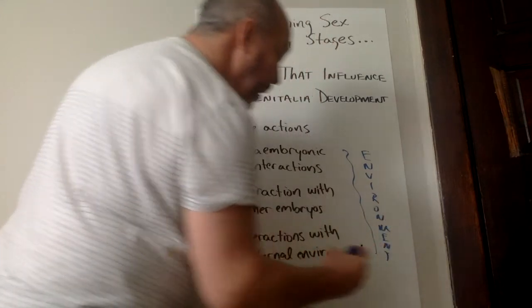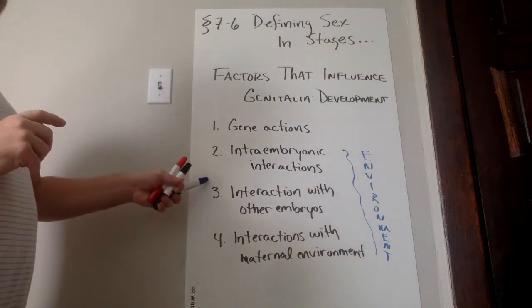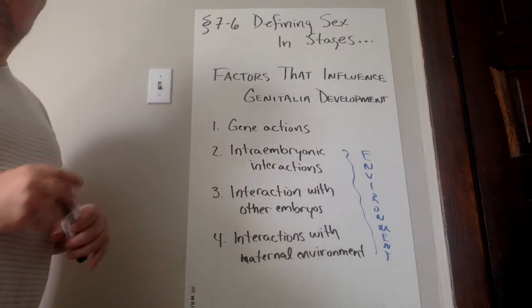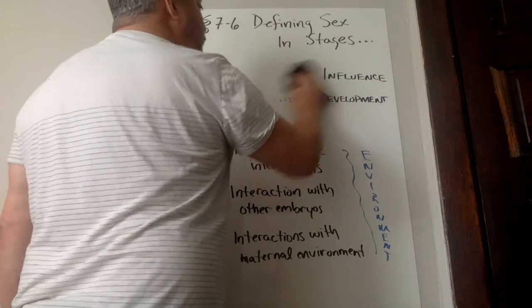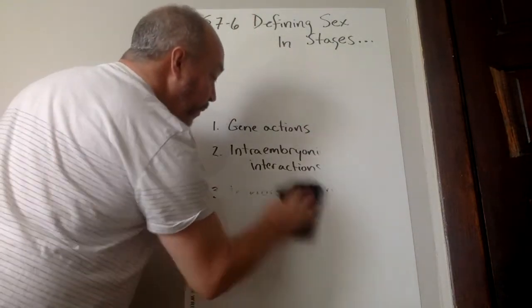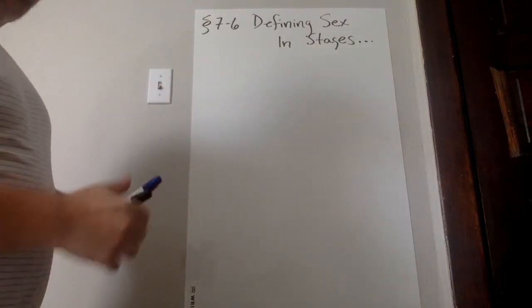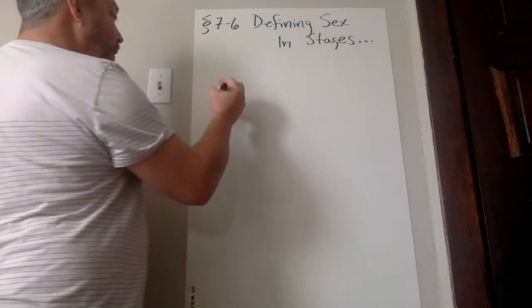So we talked about in the last section that it's not only the genes, the chromosomes, it's also the environment. Many things go into the development. And the consequences of that can be threefold. And this is why we like to put things into nice two different categories.